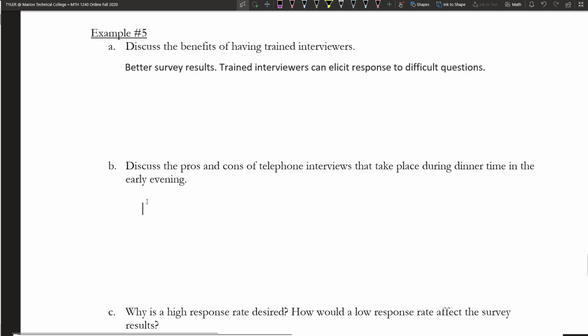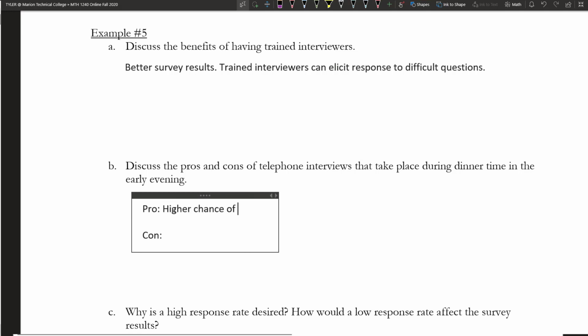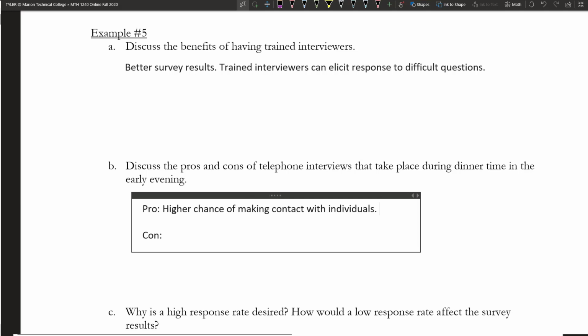So the next question is discuss the pros and cons of telephone interviews that take place during dinner time in the early evening. So we want some pros. I'll give one pro and one con. How about that? So one pro is that there's a higher chance of making contact with individuals, right? If you're calling early evening during dinner time, it's a good chance to catch people.